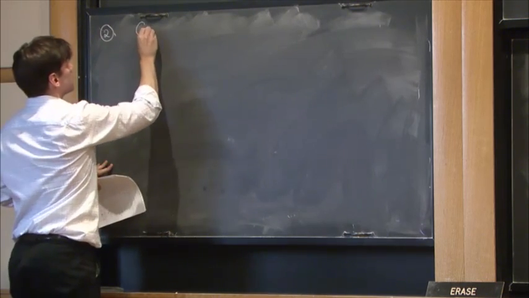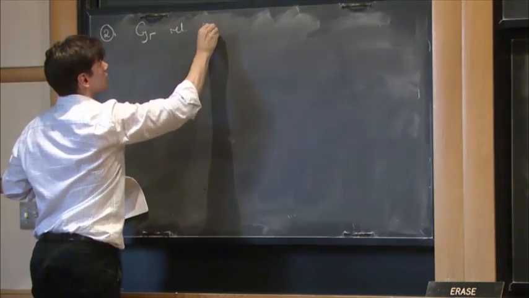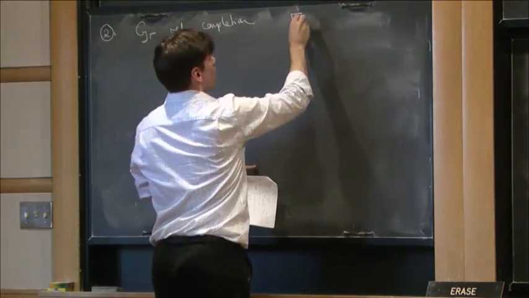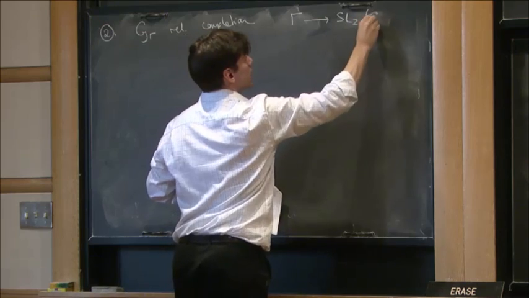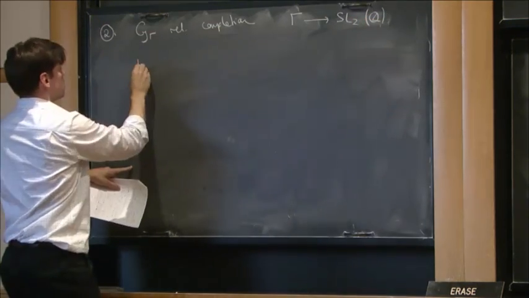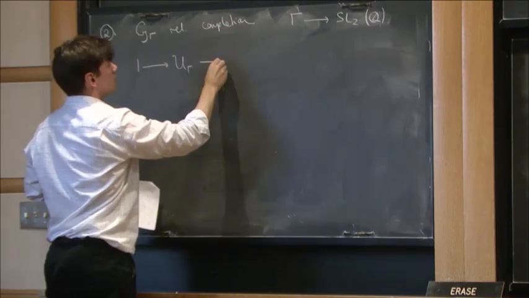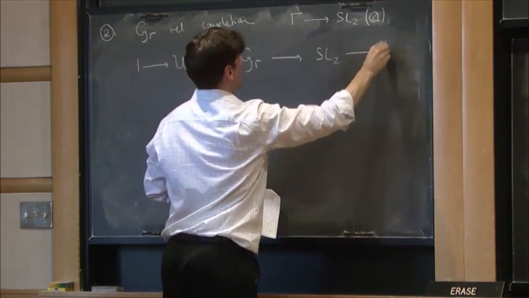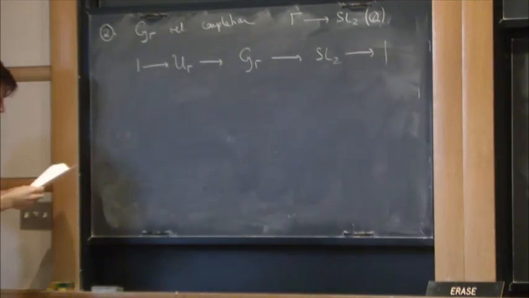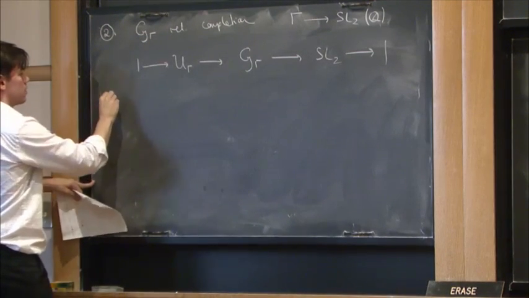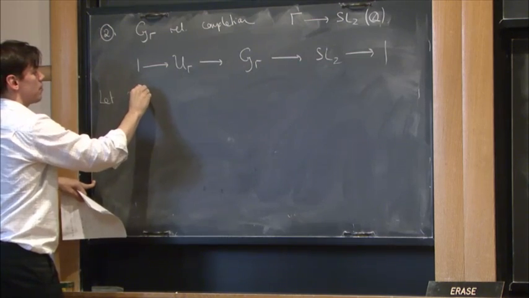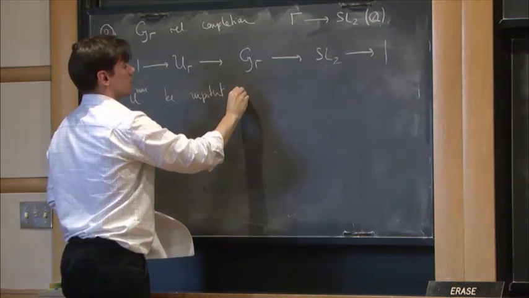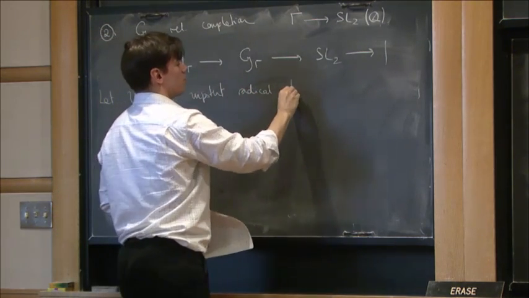Okay, so now G_gamma is the relative completion, my concluding remarks, of the map from SL2(Z) into SL2(Q), and so it's the largest possible extension of SL2 by a pro-unipotent group, and let U_MMM be the unipotent radical of pi_1 MMM.